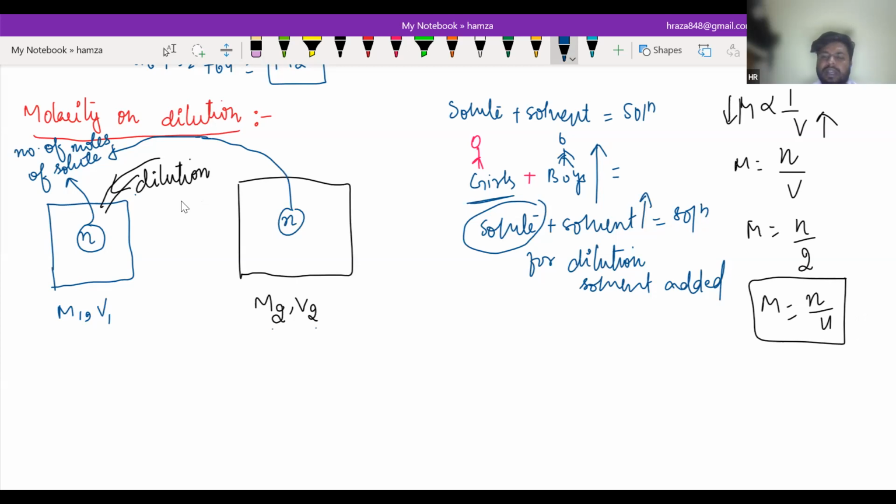Because for dilution you are adding solvent, the number of moles of solvent will increase, but the number of moles of solute will be the same. I am going to apply the molarity formula here. M1 will be equal to n upon V1, and M2 will be equal to n upon V2. Again n is equal to M1 V1, and again n is equal to M2 V2.